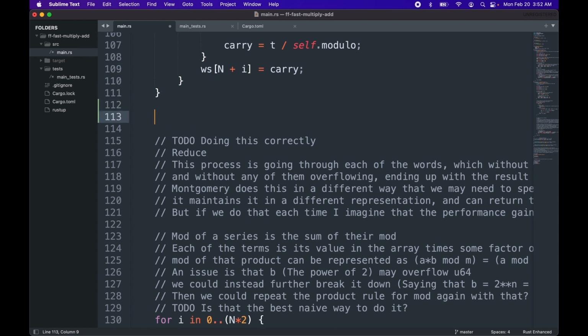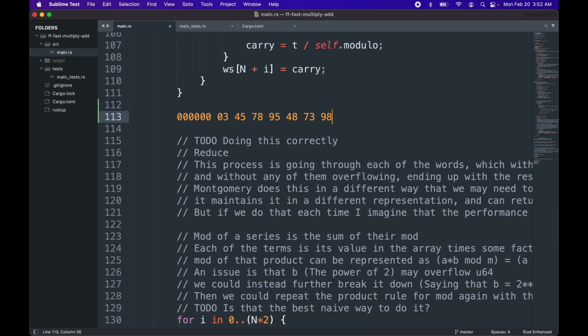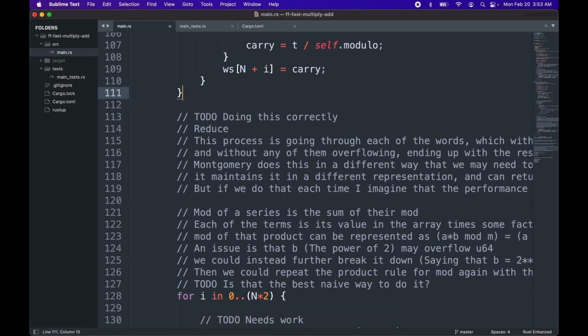So if your result would be something like this, but this is too long, then you break it up, and your array looks like that. But then you need to be returning something that's not overflowing, and you have a modulo that you're working in, and so you should apply that, and that will reduce it to a form that you can work with.